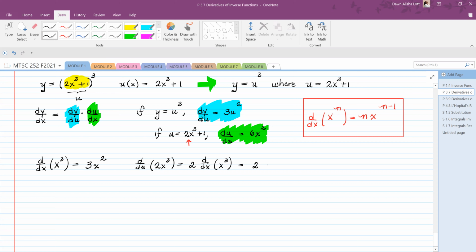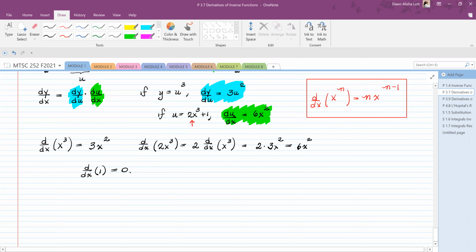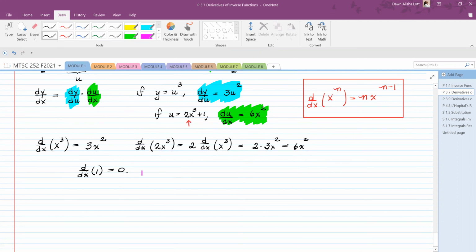So that's just 2 times 3x squared, and that's how I got 6x squared. And the derivative with respect to x of the constant 1 is just 0, so that disappears. So the derivative with respect to x of 2x cubed plus 1 is just 6x squared, which is how I got du dx.